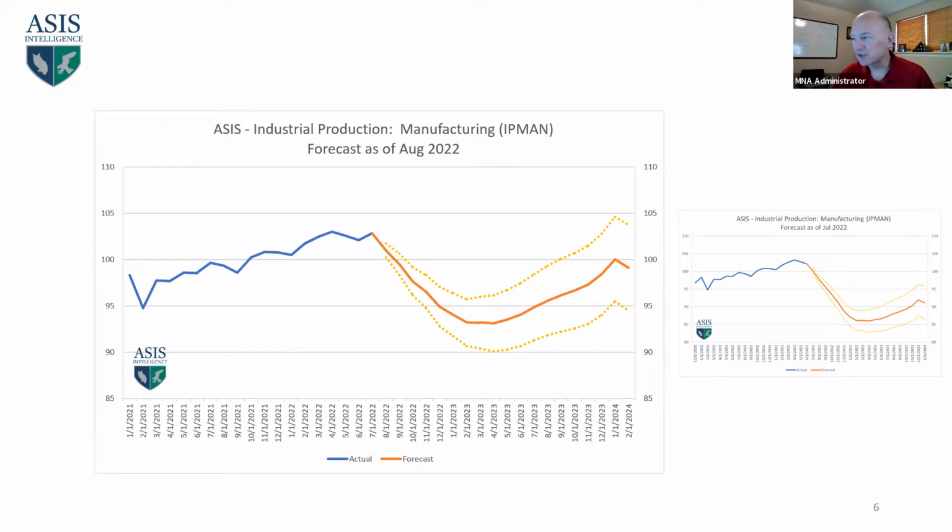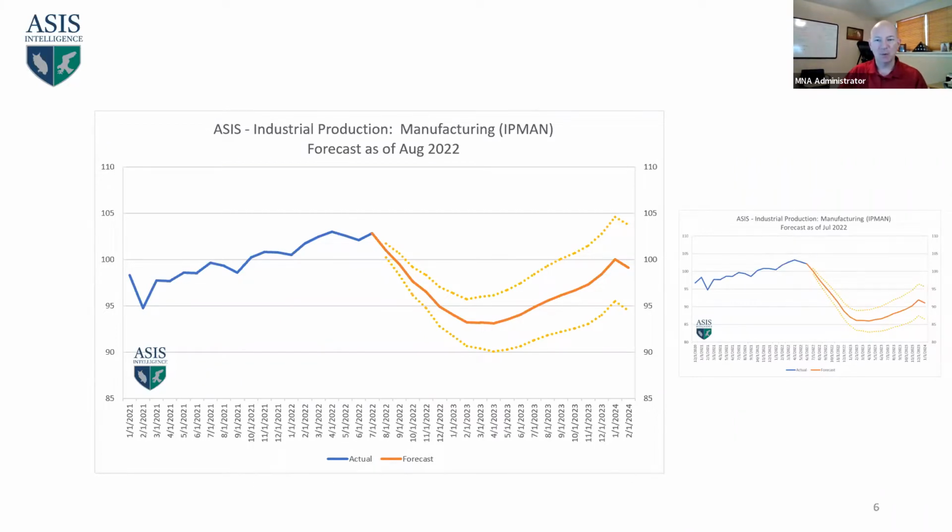At first blush, it looks like we're telling the same story as before, but Keith, as you and I were talking about, there is a subtle difference. It's not so subtle when you take a look at magnitude. The trending in the direction looks about the same. You get this bowl effect for the next few months, but the real difference is the magnitude.